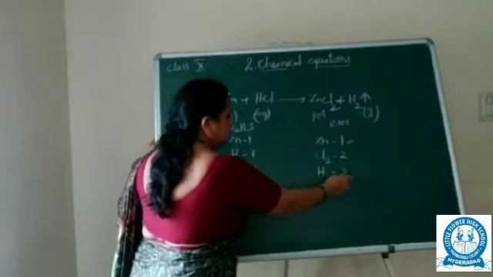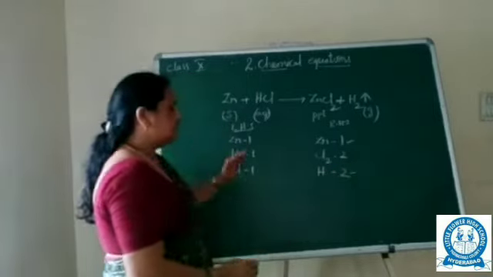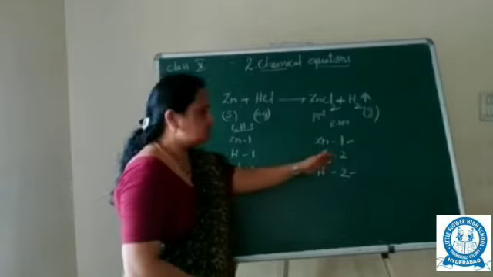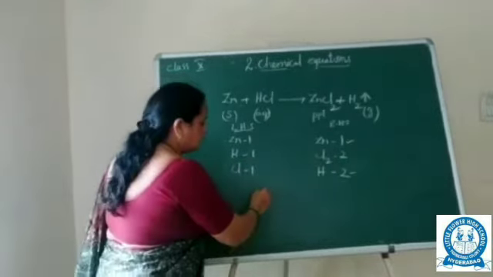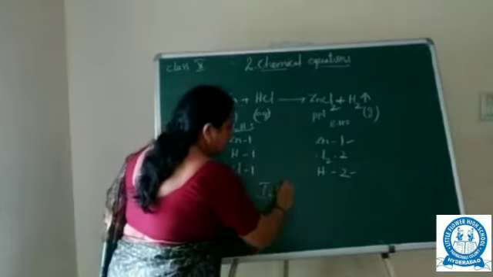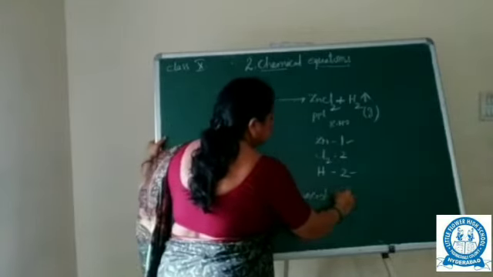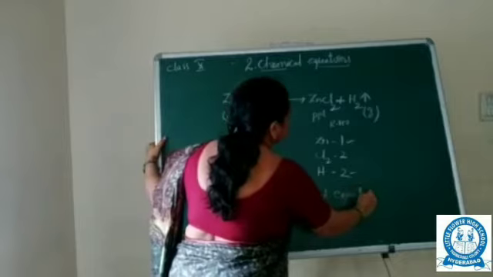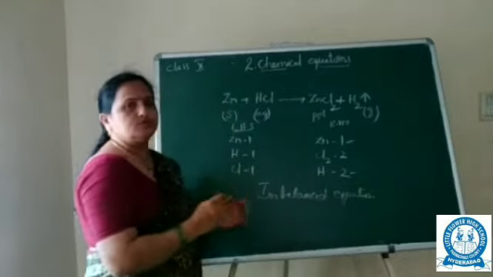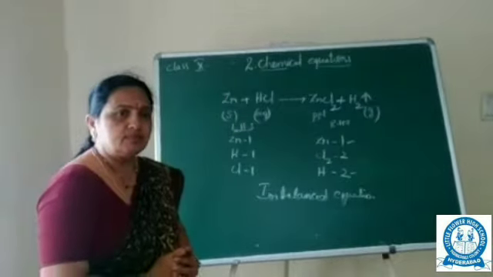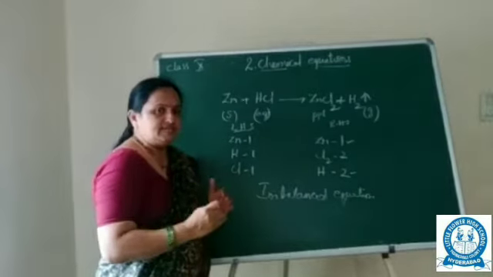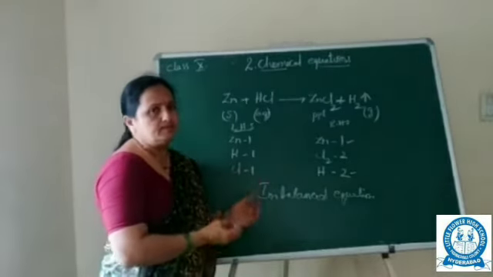Here, hydrogen 2. So, it's imbalanced. Chlorine 1, here 2. What can we say? It is an imbalanced equation. So, we need to do the balancing. We will discuss later how to do the balancing.